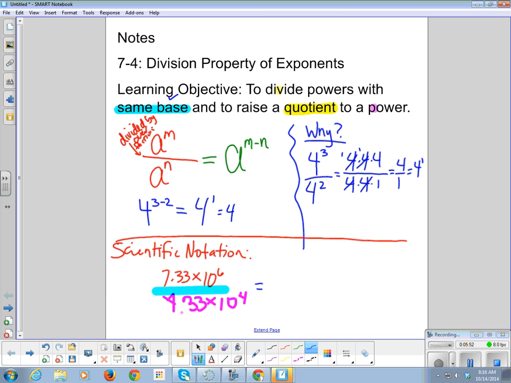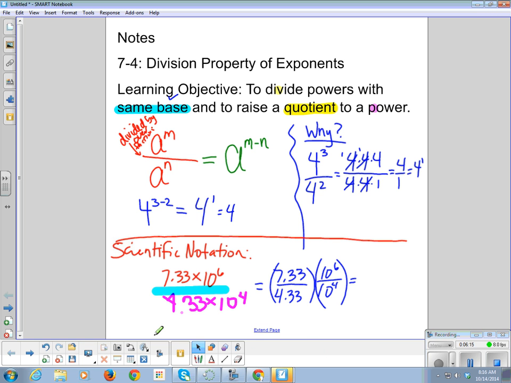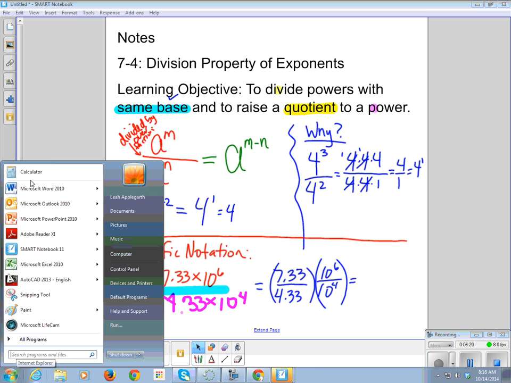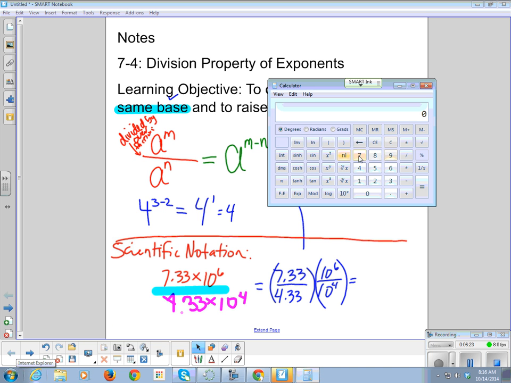We're going to group because we know using the commutative and the associative properties, we can go 7.33 divided by 4.33, group those together, 10 to the 6th and 10 to the 4th, group those together. I'm going to do 7.33 divided by 4.33. I'm just going to use my calculator for that.